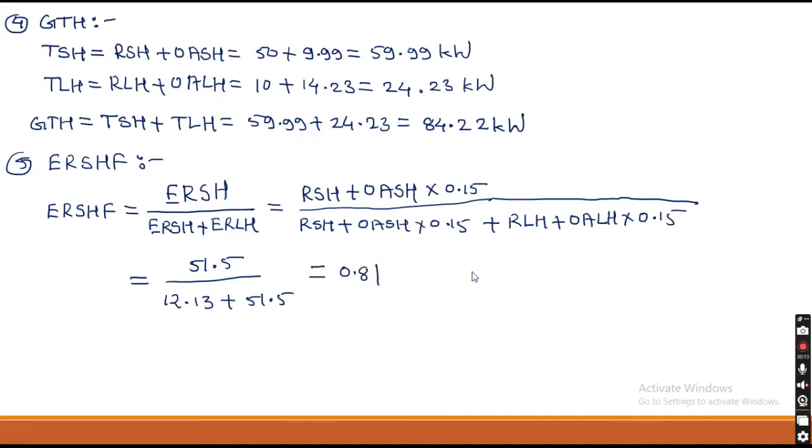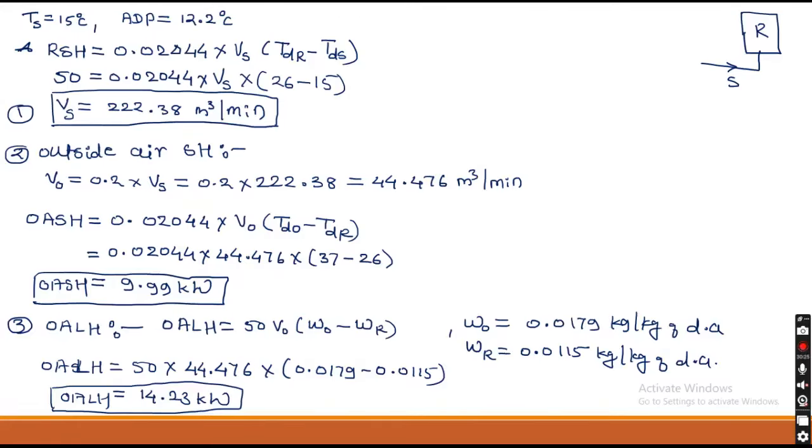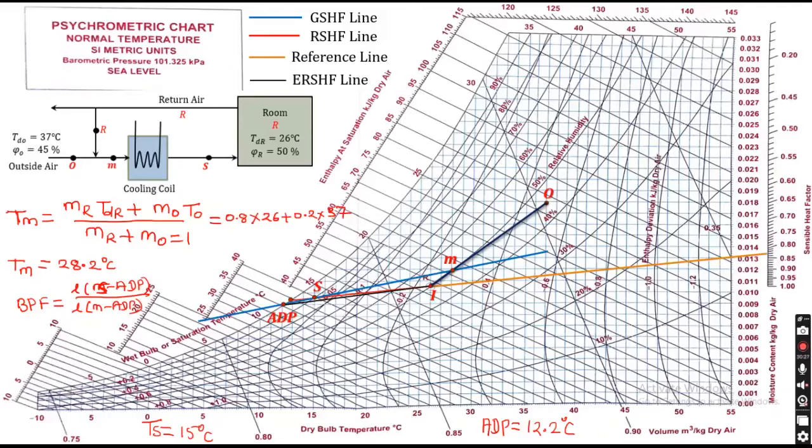So by this formula we can find out the effective room sensible heat factor, but we can also find out the same by using the psychrometric chart. So let us go to the psychrometric chart again and discuss how we can get the effective room sensible heat factor. Earlier we got the ADP, supply condition and M condition.